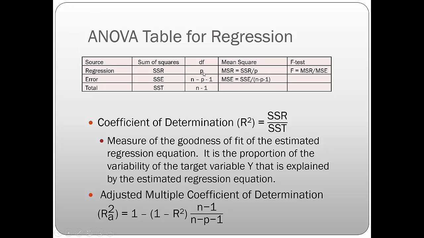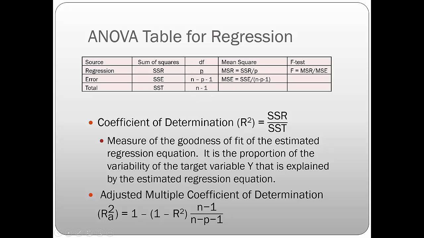For regression, the degrees of freedom is p, how many x's, how many predictors there are. The degrees of freedom for the two sources should add up to the total degrees of freedom, just as SSR and SSE add up to SST.